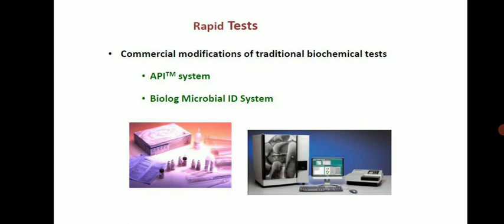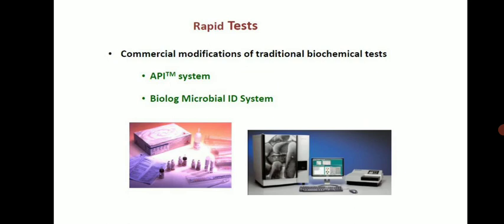Here you can see in this picture, this is a rapid test, and these are commercial modifications of traditional biochemical based tests. It includes the API system, then the Biolog microbial identification system. We will discuss them in detail.